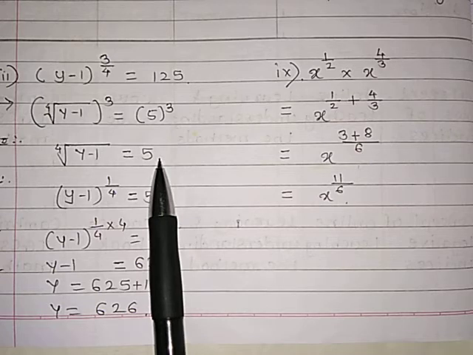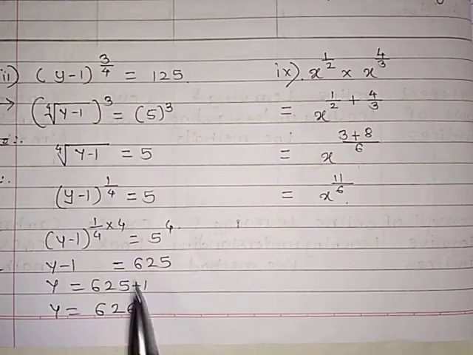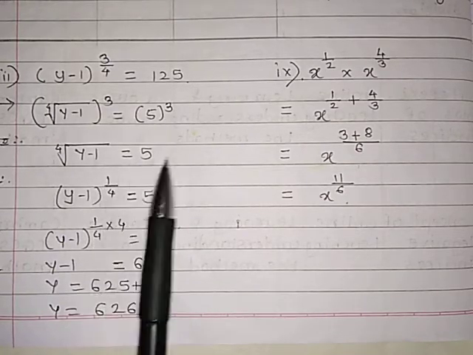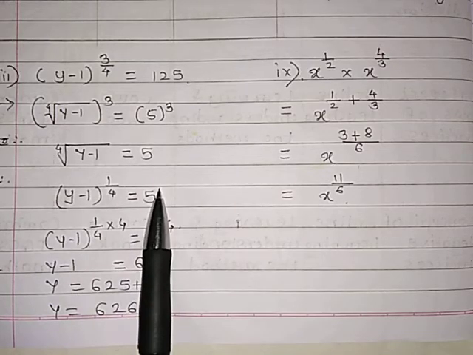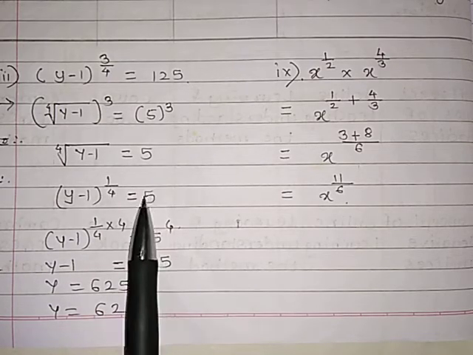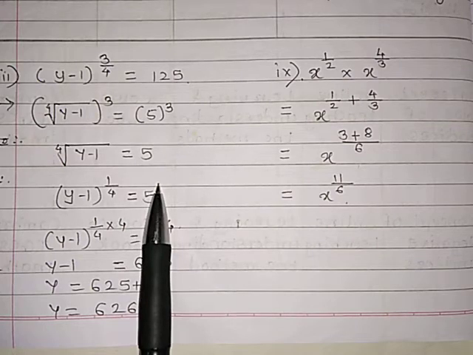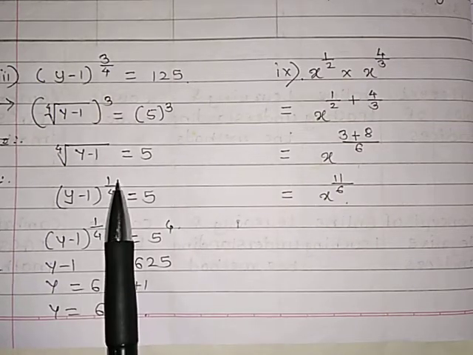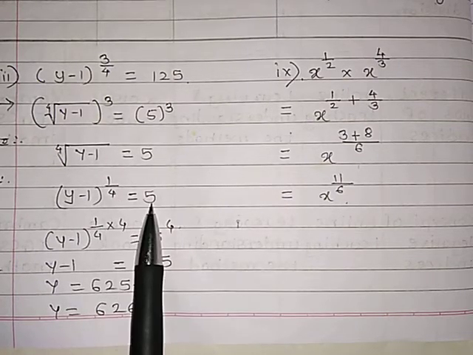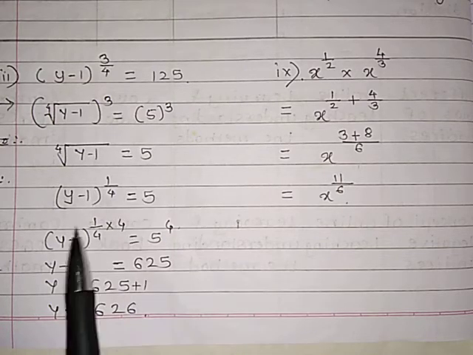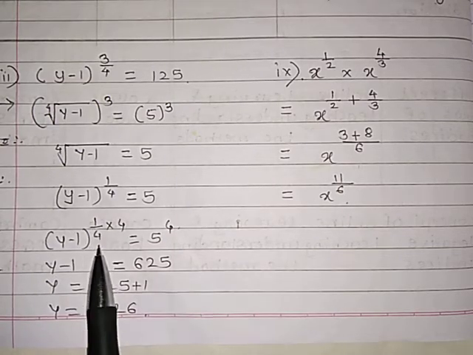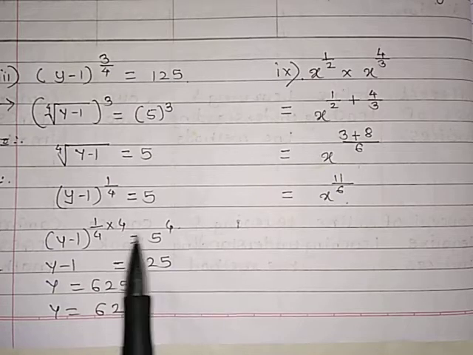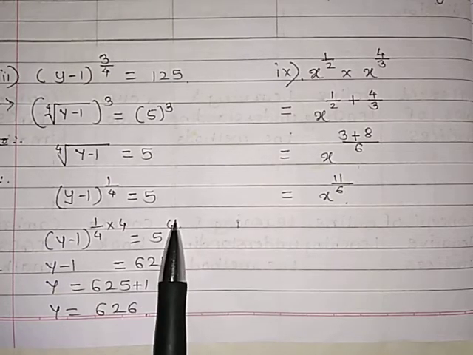Now we have to take the fourth power of 5, that is (y minus 1) raised to 1 upon 4 equals 5. Now (y minus 1) raised to 1 upon 4, whole raised to 4, equals 5 raised to 4.